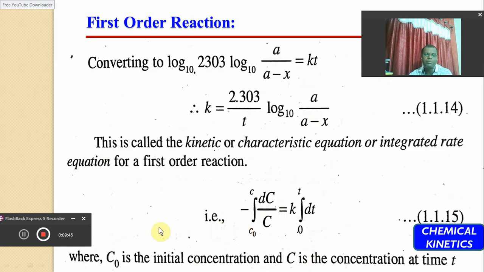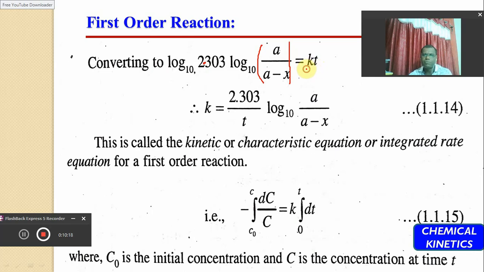Here we can convert this natural log to log to the base 10 by multiplying by 2.303. Whenever we want to convert the natural log to base 10, we have to multiply by 2.303. It should be 2.303, not 2303. So 2.303 log to the base 10 of a upon (a minus x) is equal to k into t.